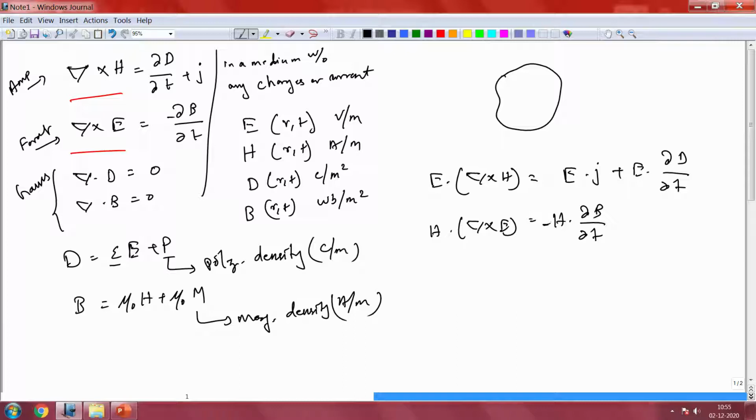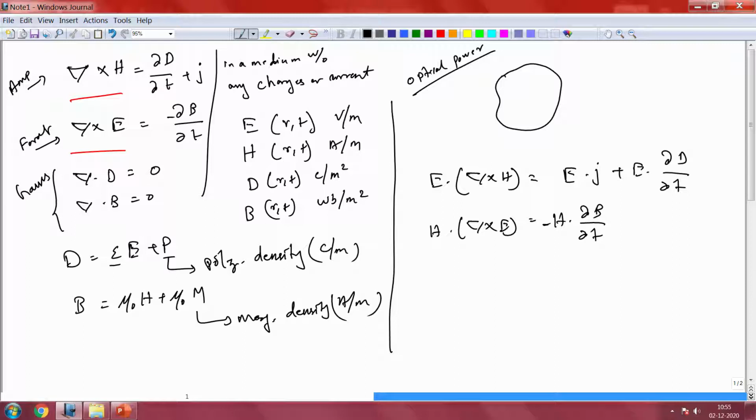Okay. So, now we can use the identity, right. So, basically what we are trying to do here is optical power, right. So, how much power the wave will carry, right. So, that is an interesting thing to do.